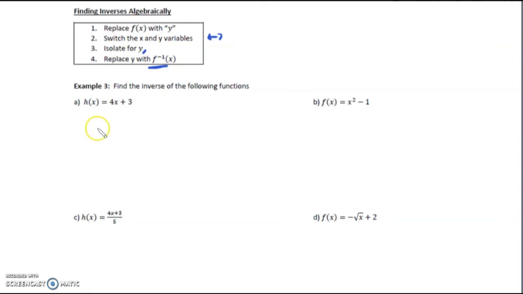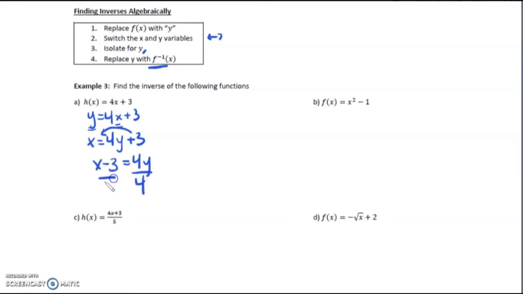So a is linear, okay? So we have y equals 4x plus 3. Now, exactly where we see the y and exactly where we see the x, we're going to switch these variables. Okay, now we just re-isolate for y. So we have x minus 3 equals 4y.